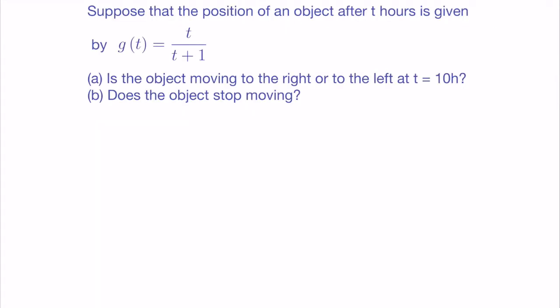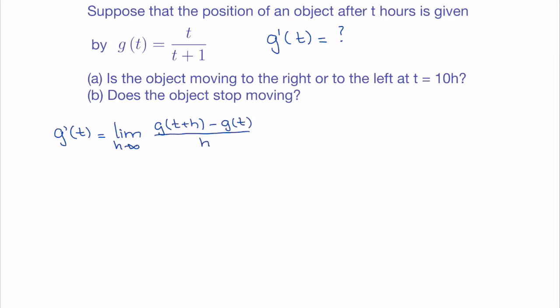So to do it algebraically, we definitely need to find the derivative of g at t. This is what we're looking for. And we will do that by definition. So the derivative of g at t is the limit as h approaches 0 of g of t plus h minus g of t, all over h.